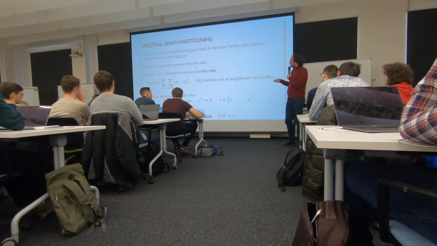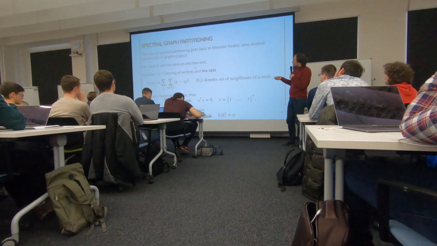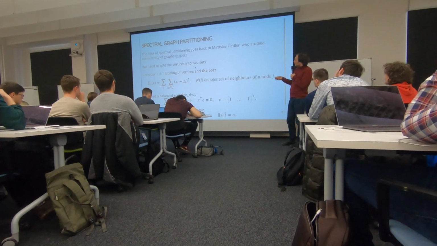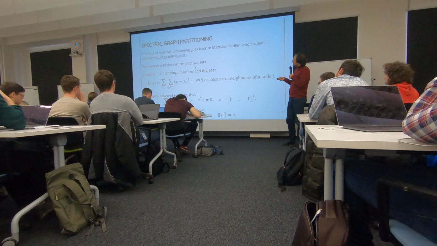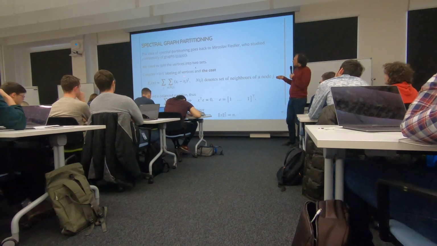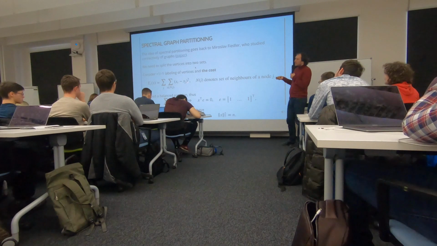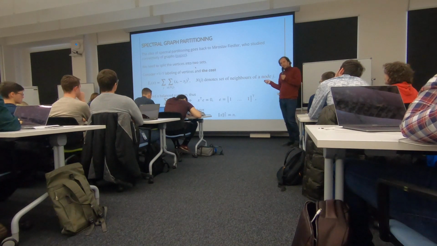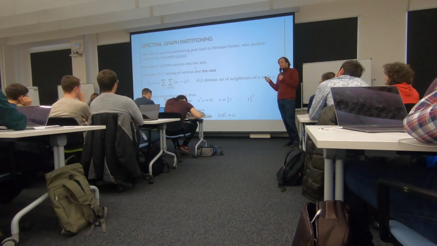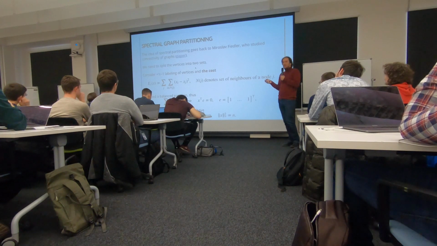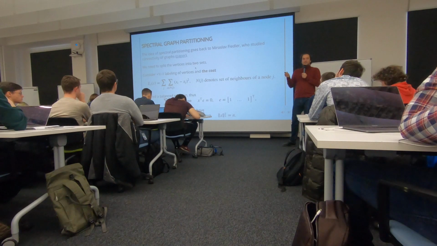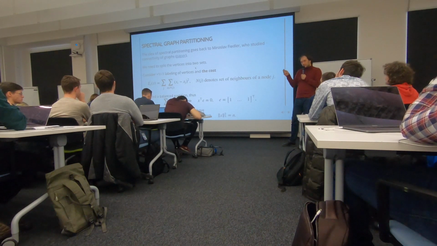Formally this can be written in terms of this functional: we minimize the sum of (xi minus xj) over all the neighbors. This is non-zero only if i and j belong to two different clusters, and that's what we want to penalize. We want to penalize the number of connections between these two groups.